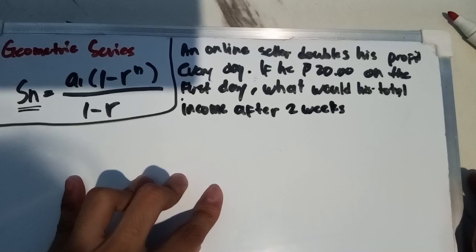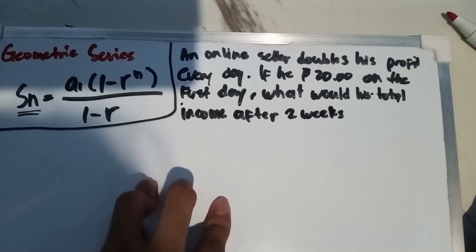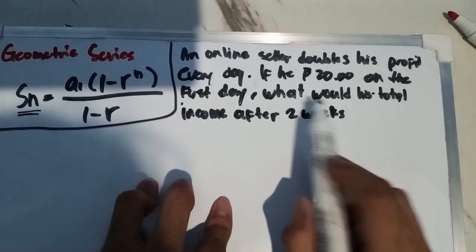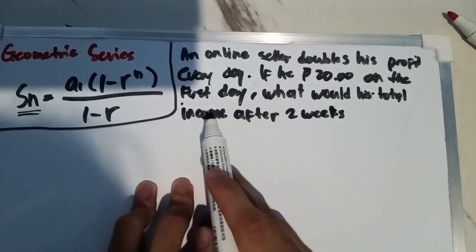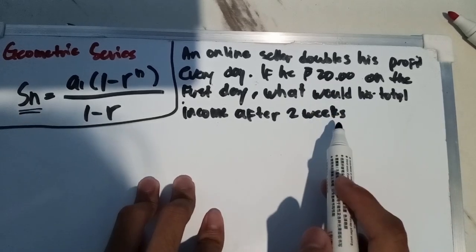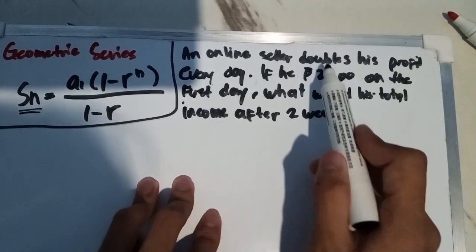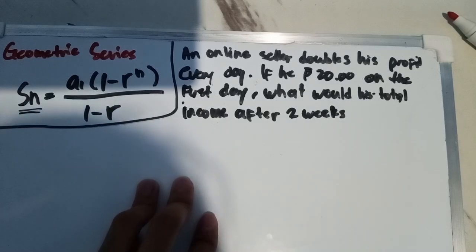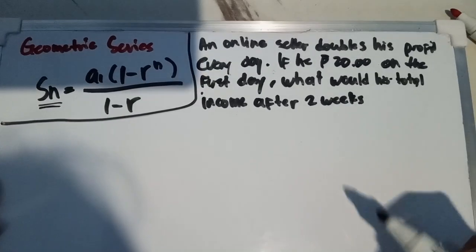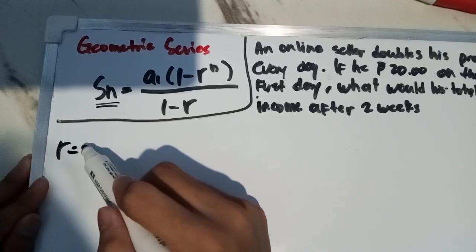For our first question, an online seller doubles his profit every day. If he has 20 pesos on the first day, what would be his total income after 2 weeks? Given that it doubles, our common ratio is 2.